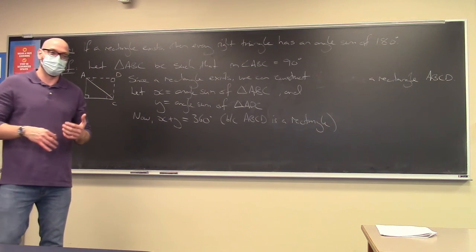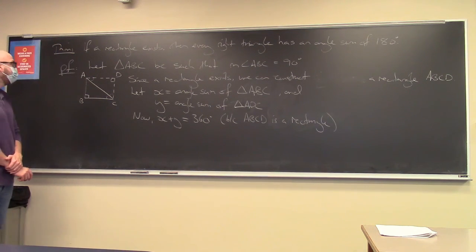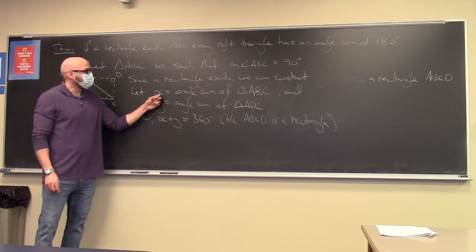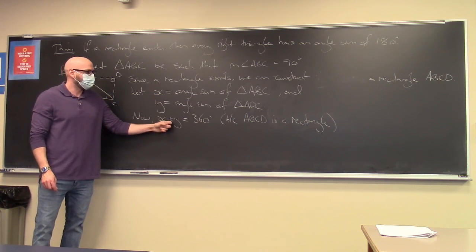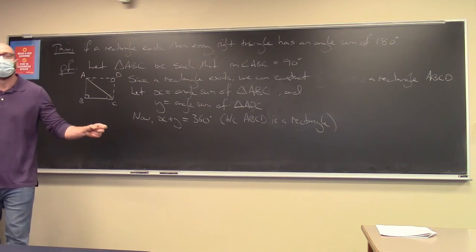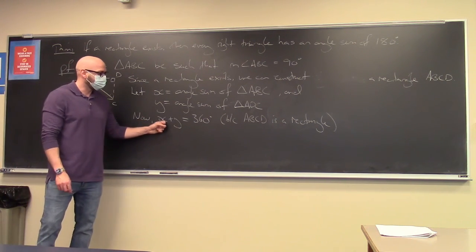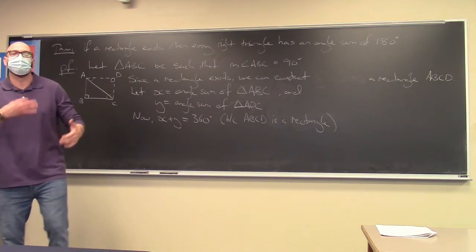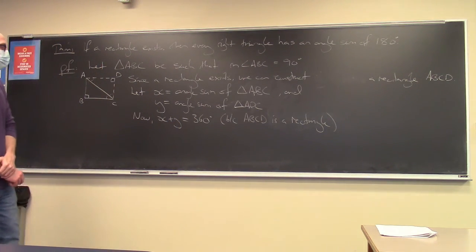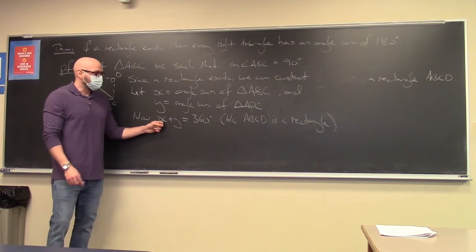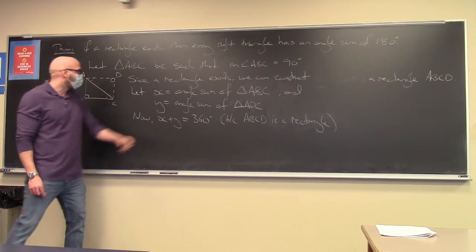That's the Saccheri-Legendre theorem. But what does that mean? Say x is less than 180. What does that mean about y? If x is less than 180, y would be greater than 180, and that's a contradiction, right? We cannot have triangles with angle sums greater than 180. So if x can't be less than 180, it must be equal to 180, and then so is y.